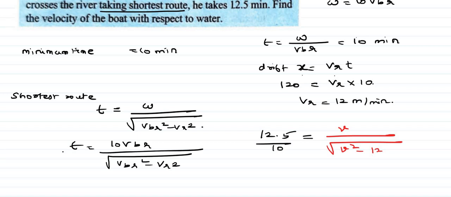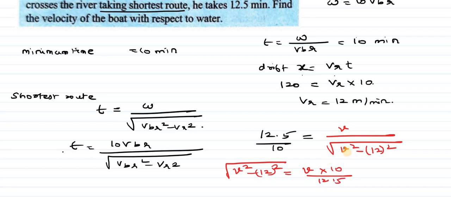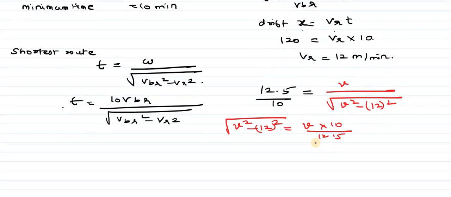You need not change anything. So now what will it be? It is 12 square. Now cross multiply it. V square minus 12 square equal to what? It is equal to V, this is under root, V into 10 by 12.5. So the shortest route time is this one, right?